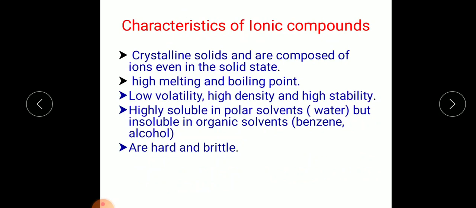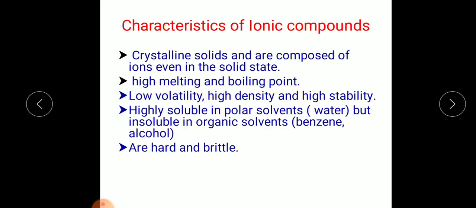Next, characteristics of ionic compounds. Ionic compounds are crystalline solids and are composed of ions even in the solid state. Next, ionic compounds have very high melting and boiling points.